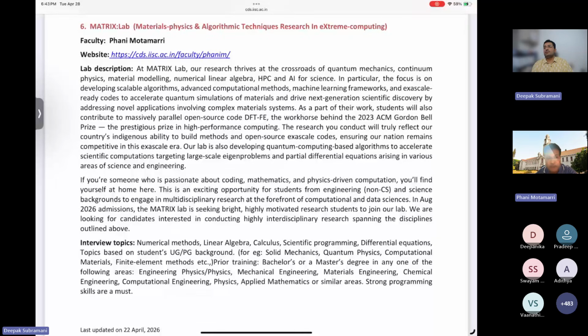And if you also want to power your research so that you can open up leeway to a lot of open source, exascale ready scientific software, which can place India on the global quantum HPC stage, you are at the right place.